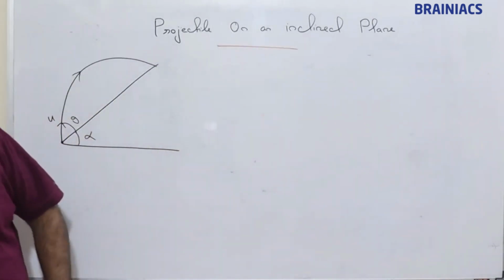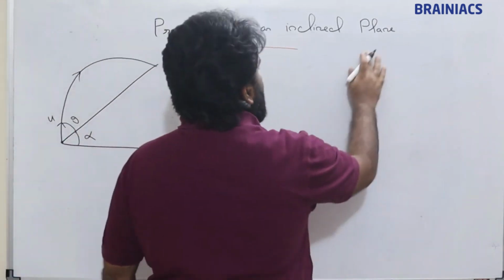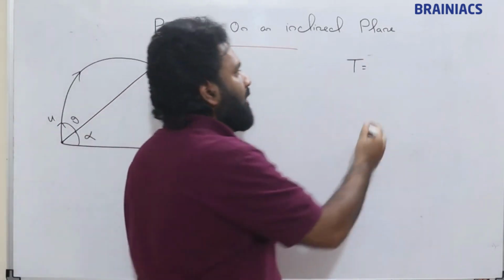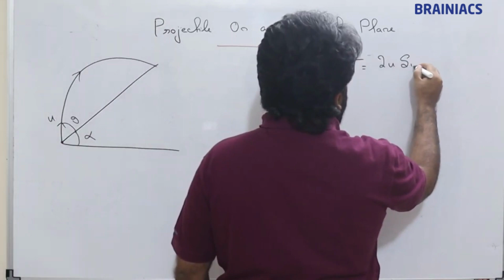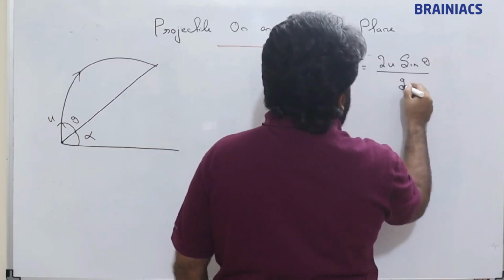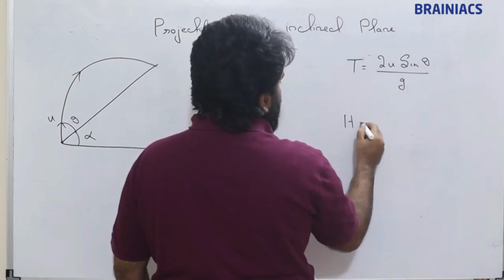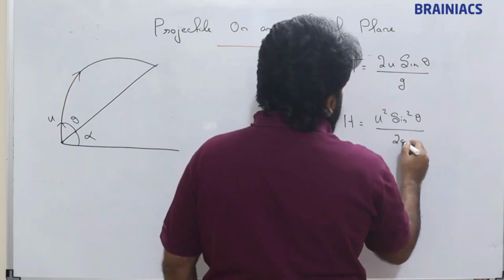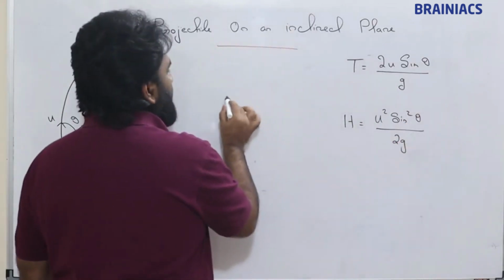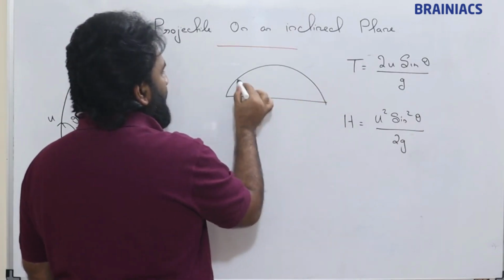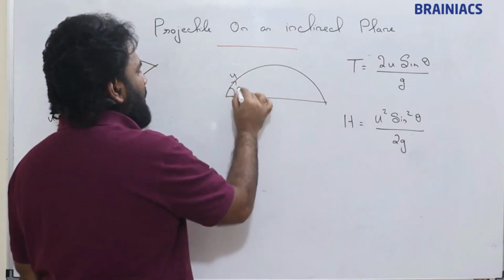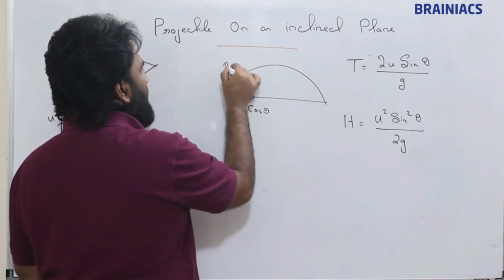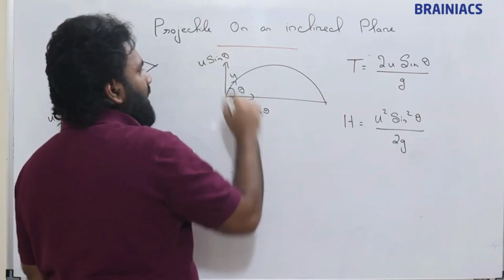First I am going to write the time of flight formula for the general projectile. 2u sine theta by g. The maximum height is u square sine square theta divided by 2g. So in a normal projectile, when we are projecting u like this, when this is theta, we resolve this initial velocity into u cos theta and u sin theta.